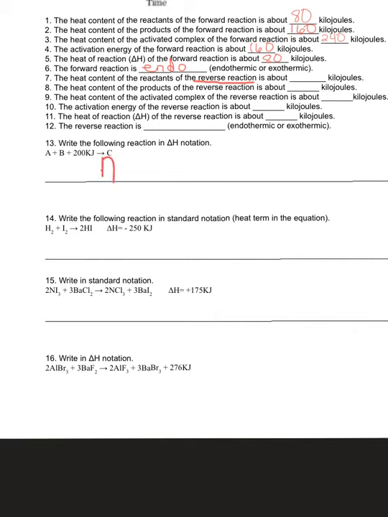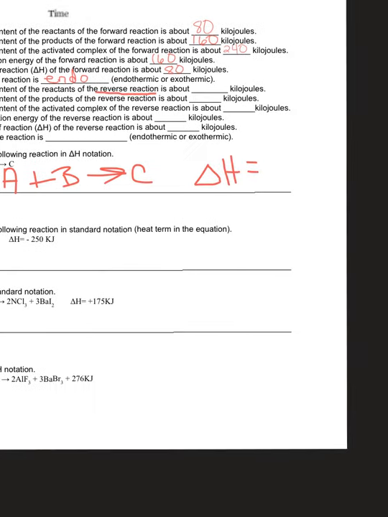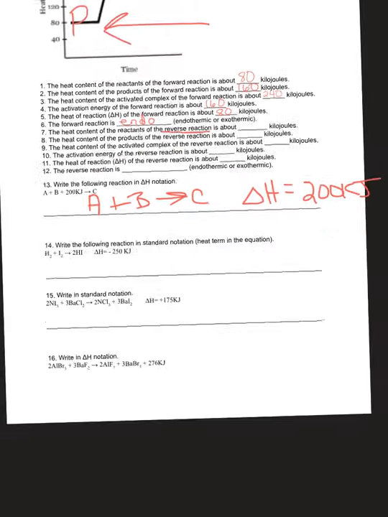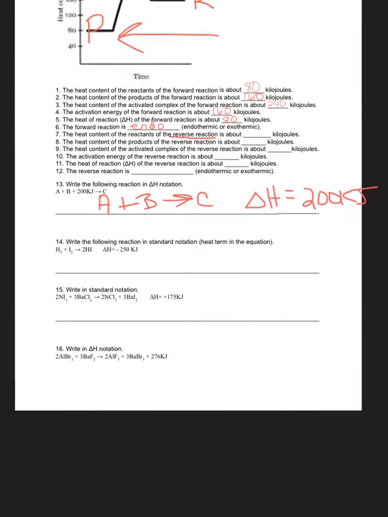So rewriting this, A plus B yields C, delta H, 200 kilojoules. Now, it's going to be positive. You can put a little plus sign there because it's absorbing it. From the reaction's point of view, it's gaining that much energy. Endothermic reactions will absorb energy. So number 14, the enthalpy is off to the side.